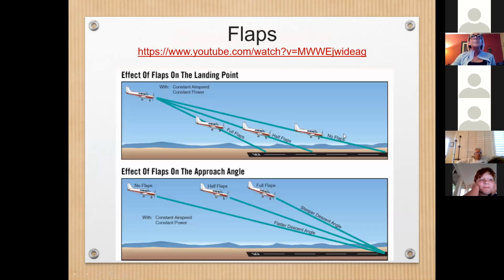And now we're going to talk about flaps. So on here we have the ailerons, which are on the outside of the wing. Some of your radio control airplanes have flaps, and you have transmitters that have the ability to do the flaps as well. We have flaps on our airplane.